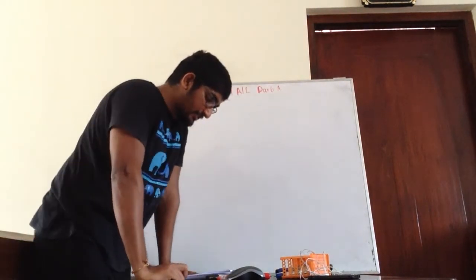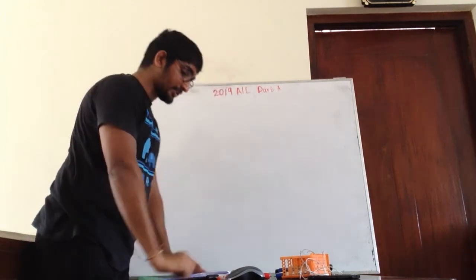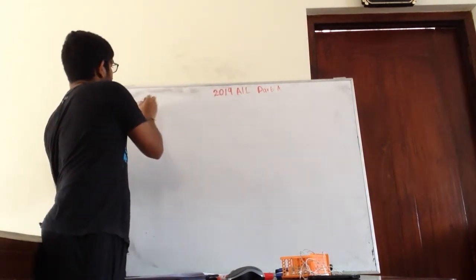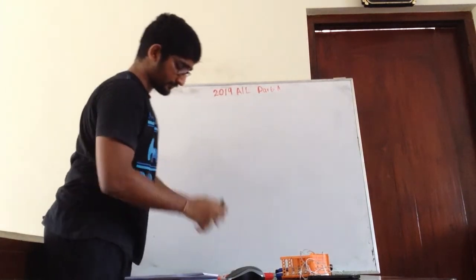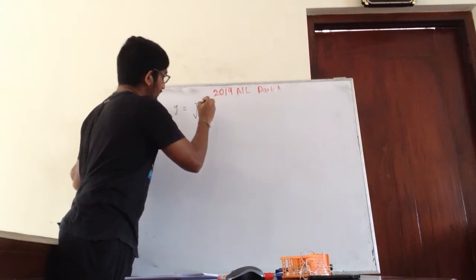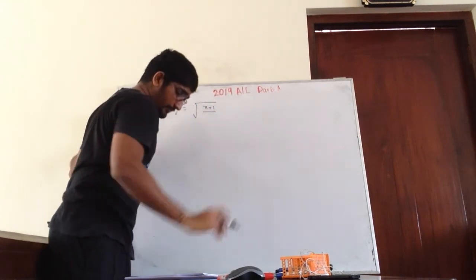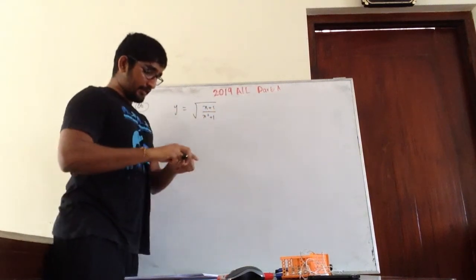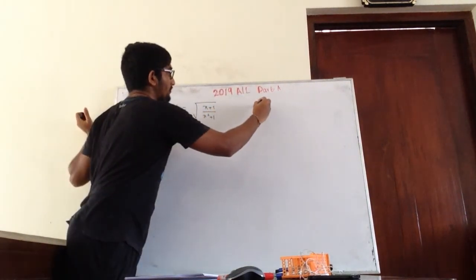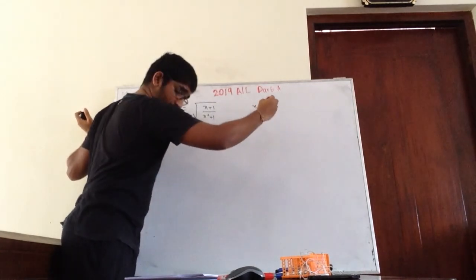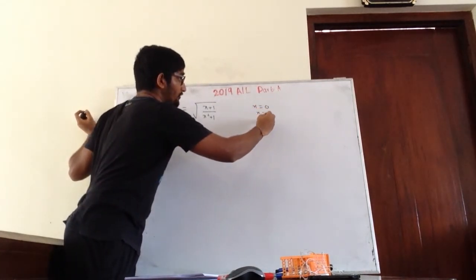Right, so this is the region enclosed by the curve y equals square root x plus 1, x square plus 1, right, and then x equals 0, x equals 1, y equals 0, right.